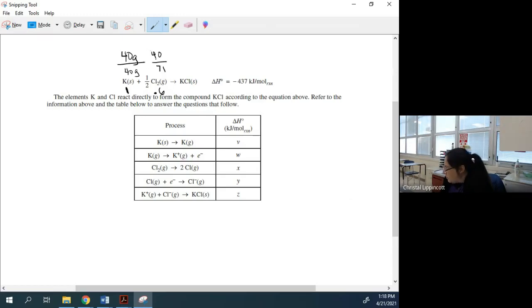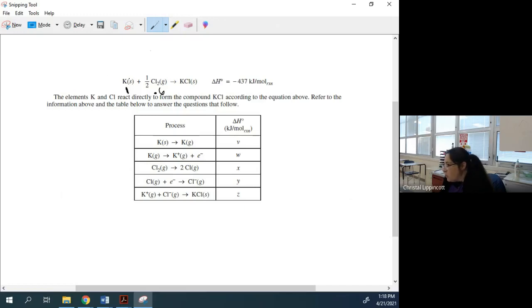You can tell that, right? Because if it was 0.5, this would be 3.5 up here, or 35 over 70. Okay, so I know that it's greater than that. So then, if I've done that math, that means if I've got equal masses here, that means that this guy is going to be my limiting reactant because this is in a 1 to 0.5 or a 2 to 1 ratio.